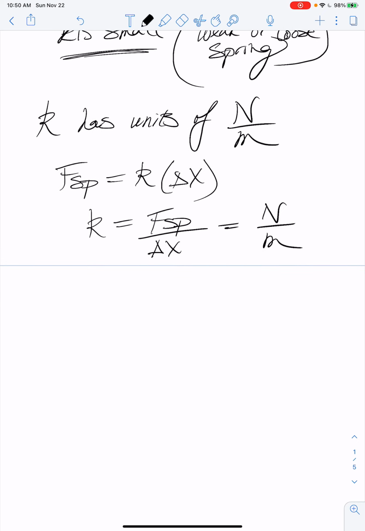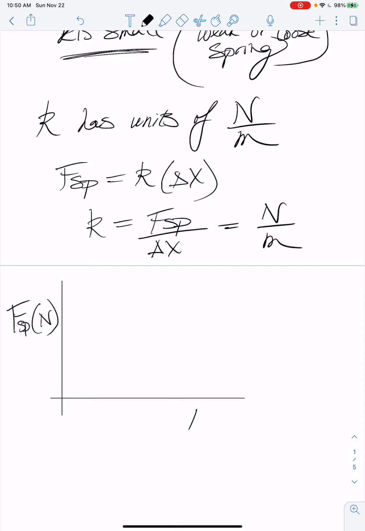The way K shows up, or where it kind of comes from, is the idea that you can graph the force of a spring, units of newtons, versus the displacement of the object.